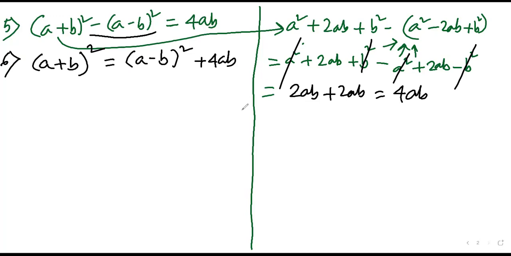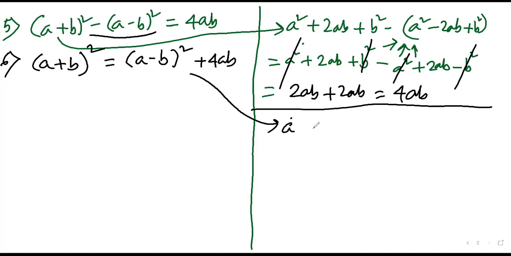But look, just a while. For the expression of a minus b whole square, you can get a square minus 2ab and b square, and there is another 4ab.